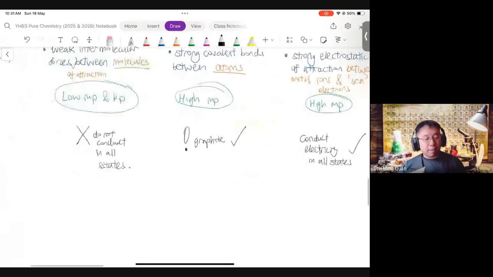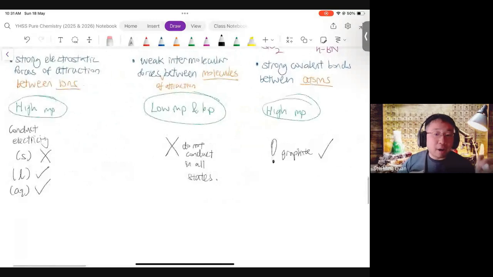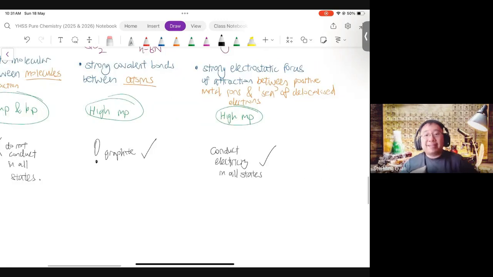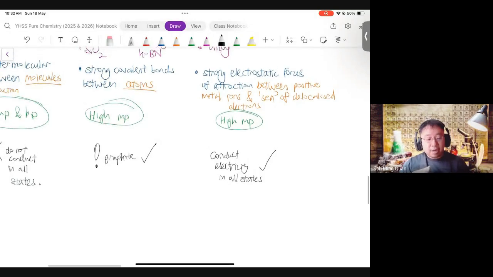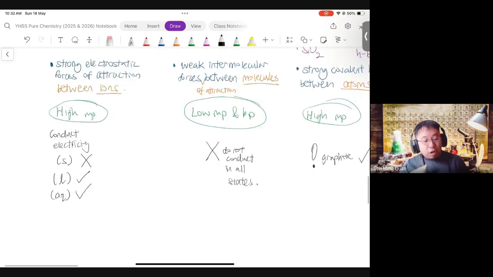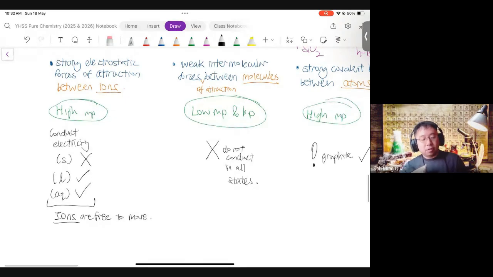So if you zoom out, there's a difference. Ionic compounds are very specific. Ionic compounds will only conduct in the molten and aqueous states, whereas metallic will conduct in every state. So there's a big difference between metallic lattice and giant ionic lattice. Next, to conduct electricity for ionic compounds, the ions are the ones which are free to move.